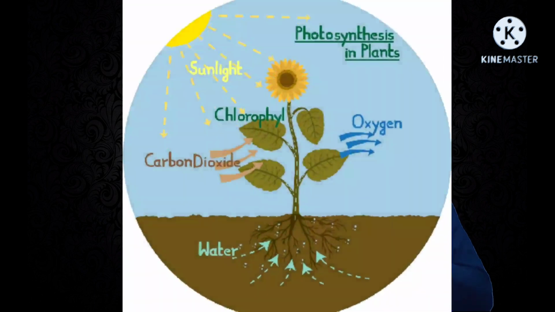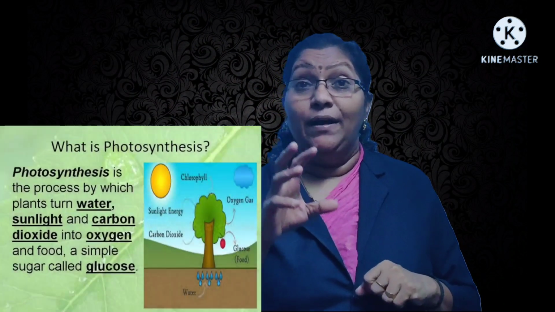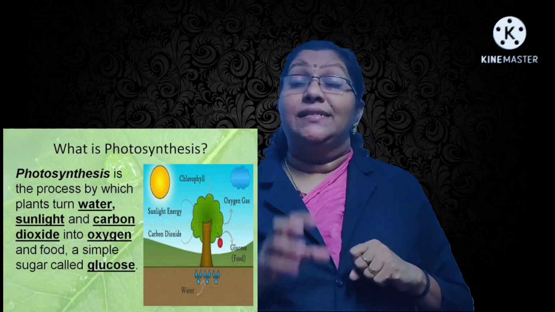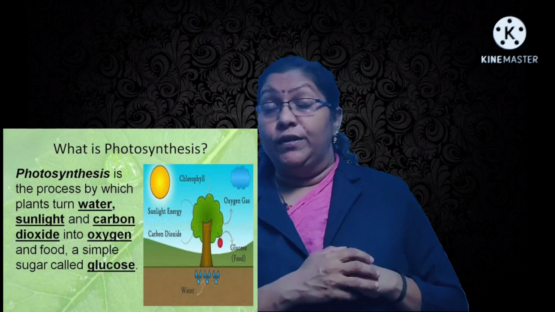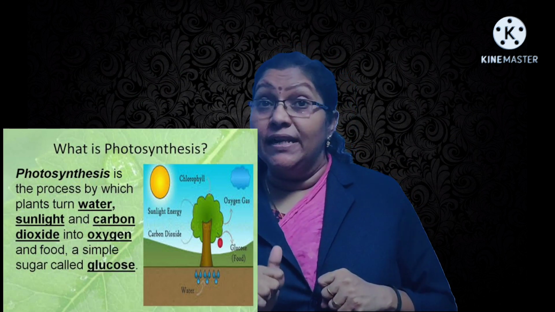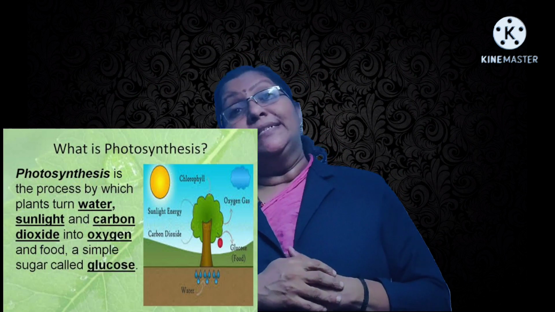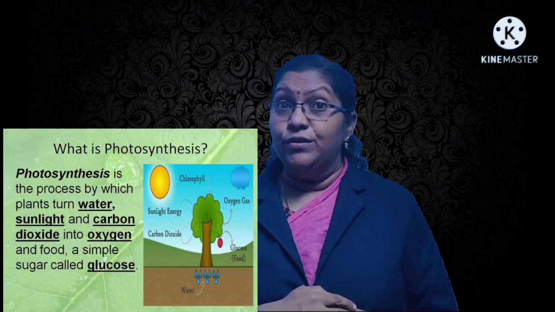Food is prepared. This process is called photosynthesis. So, how can you define photosynthesis, children? It's a process by which a plant synthesizes food in the presence of chlorophyll and sunlight using carbon dioxide and water. It's called photosynthesis. Is that clear for you, children?